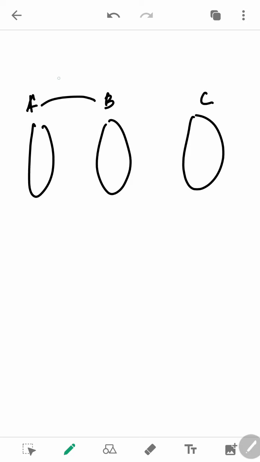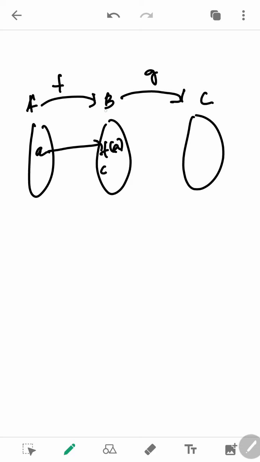And f maps from A to B and g maps from B to C. f maps from A to B means that for any a belongs to A, there is an element f of a that belongs to B. A maps to f of a.